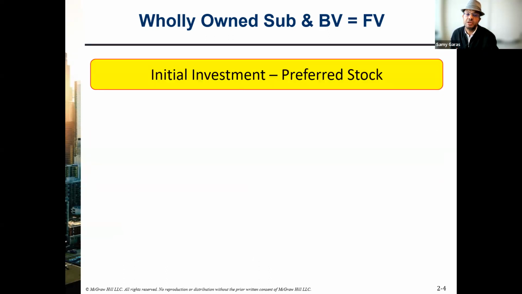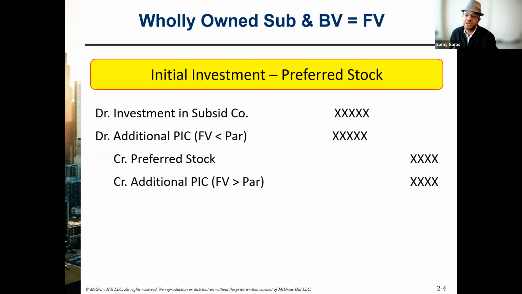But what will happen if we give common stock or preferred stock and we face the same issue as bonds? The fair value is higher than book value or lower. Here we debit investment and credit preferred stock. So we debit investment in subsidiary company, credit preferred stock. If the fair value of the stock is higher than the par value, we credit additional paid in capital.